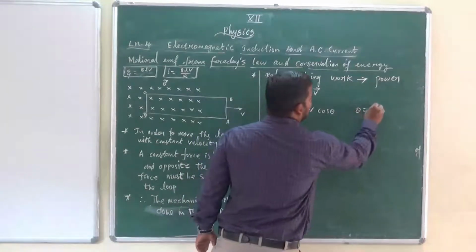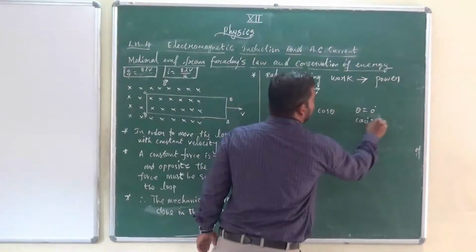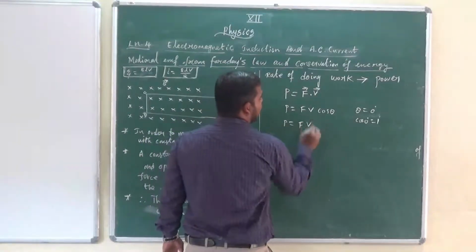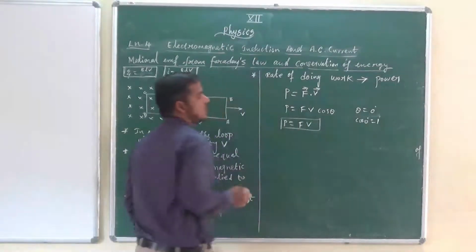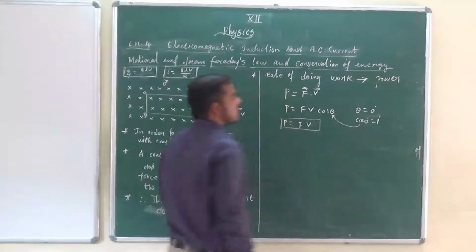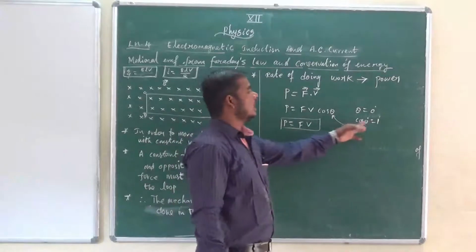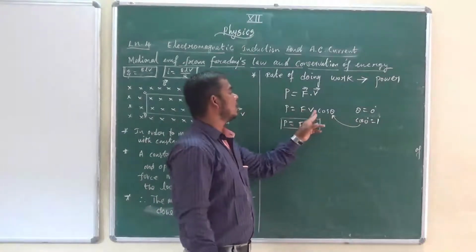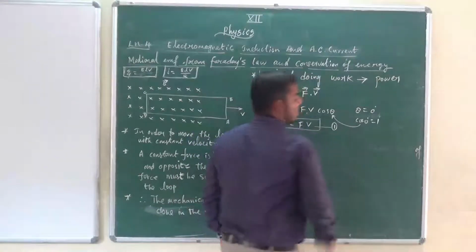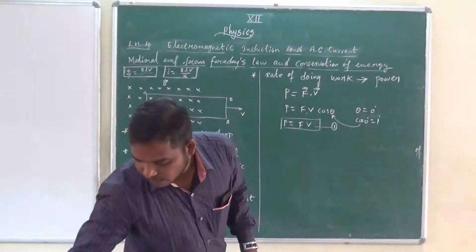If theta is 0 degree, cos 0 equals 1. Substituting, P equals F V, because cos 0 value is 1. This is equation number 1.